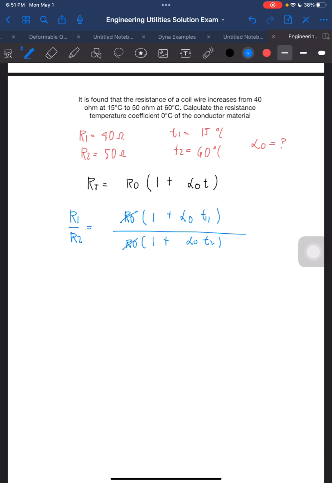So, substitute the given. R1 40 over 50 is equal to 1 plus alpha O times T1 15 over 1 plus alpha O T2 60. So, kahit huwag muna natin sulat yung degrees Celsius.